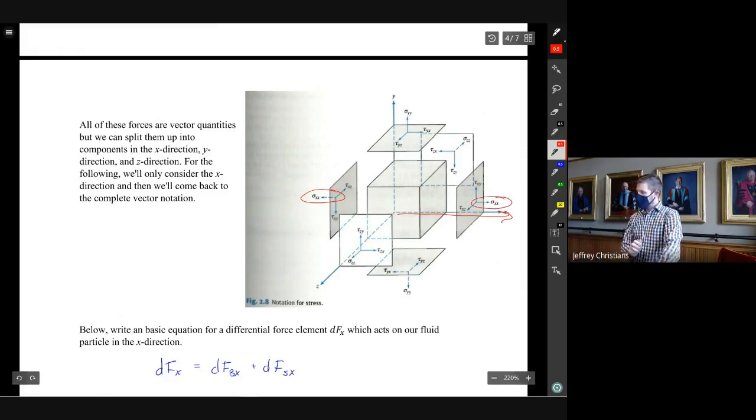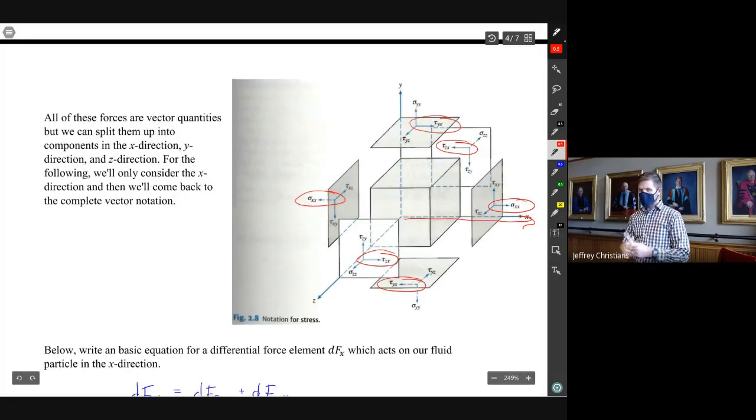This one's acting in the x direction. But then we also have this one up here on top, this one on the bottom, this one on the front face, and this one on the back face. So we actually have all six of those acting in the positive or negative x direction.